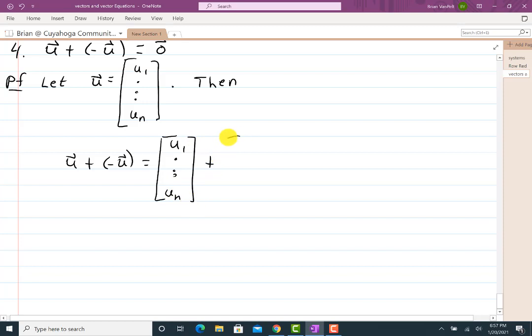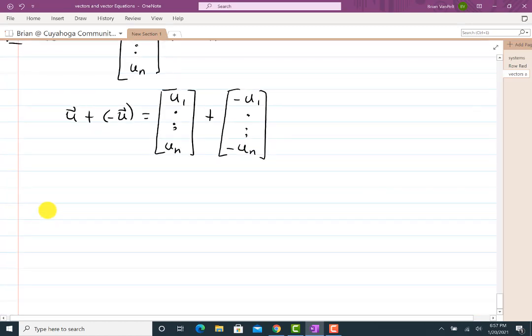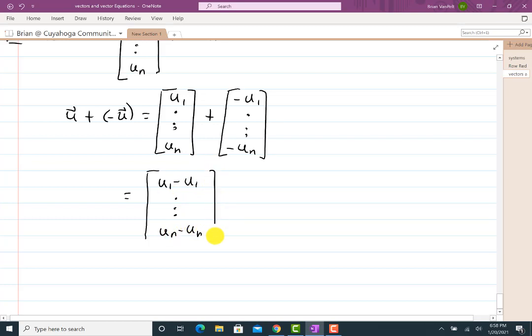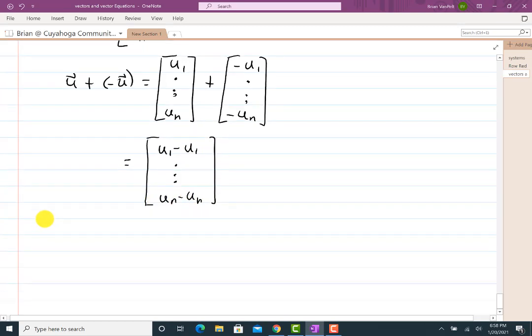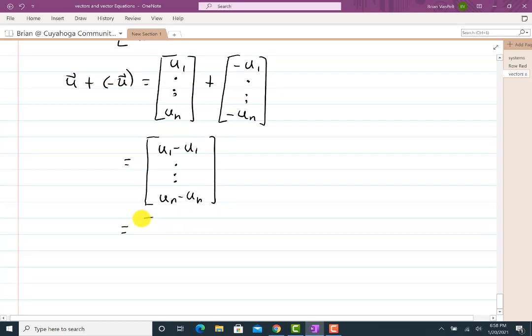I've already discussed that that just makes each component negative. So when I add those together, I add component by component. We'll end up with u1 minus u1, up to un minus un. But that's equal to 0 up to 0, which equals the 0 vector.